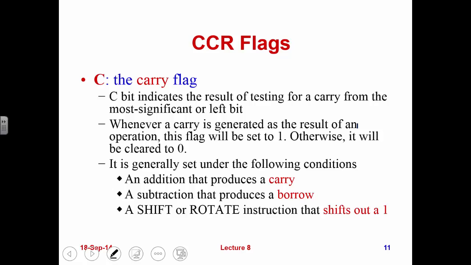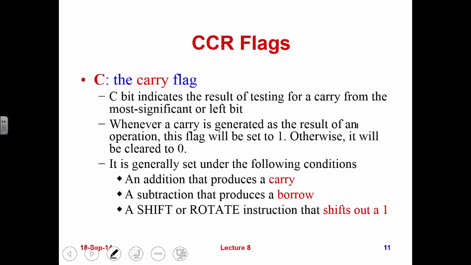So keep in mind that both addition and subtraction can make the carry bit 1. When you do addition, if your addition operation results in a carry, that makes C 1. When you do subtraction, if your subtraction involved a borrow, it will also make the carry bit 1.